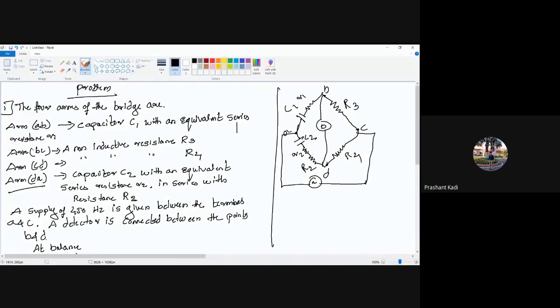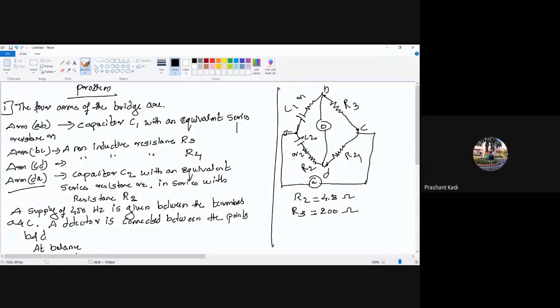It will be balanced when capital R2 equals 4.8 ohm, and R3 is given. It's 2000 ohm, right? Or 200 ohm. 200 ohm is given.